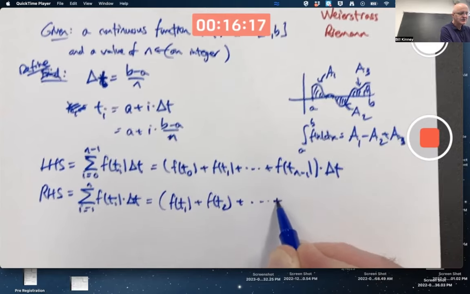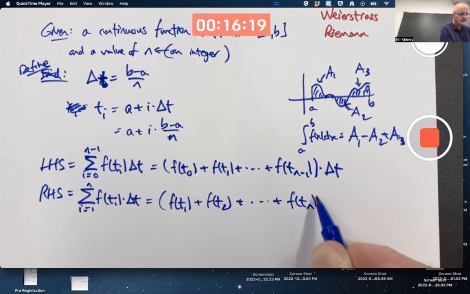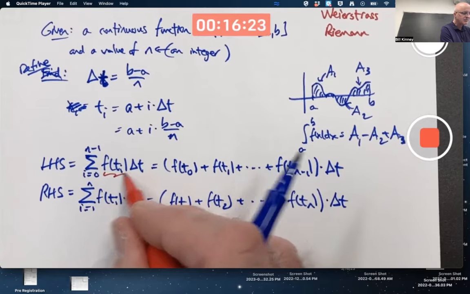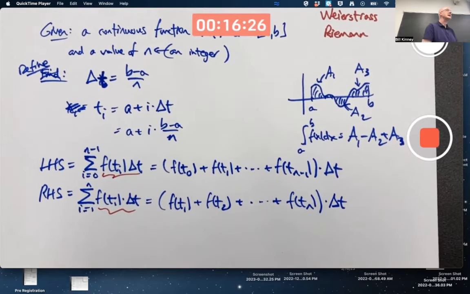It's good to remind yourself initially that it really is a bunch of multiplications being added up. Each of those things that I just underlined represents the area of a rectangle. The f values are the heights, the delta t values are the widths, the bases. They're all the same base. Actually, in the more general theory, which we don't do, you can allow for rectangles that have different widths, different bases, and different delta t's.